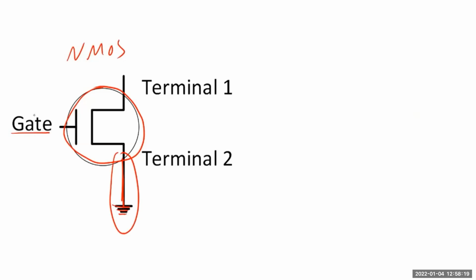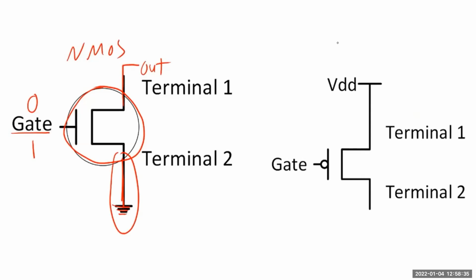And then we have a gate, which is our input, and that's how we control the transistor from our perspective, and that'll be a 0 or a 1. And then this terminal 1 connects to other gates or the output of our logic gate. And then we've got our PMOS transistor over here, which behaves in an opposite fashion.